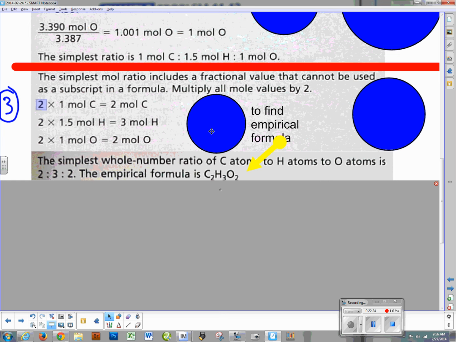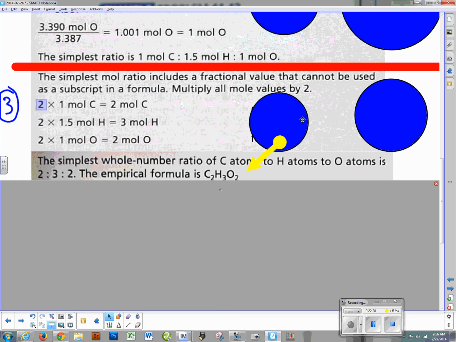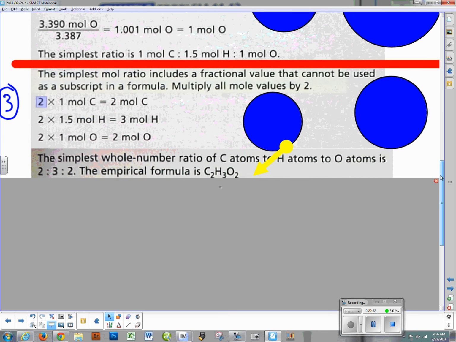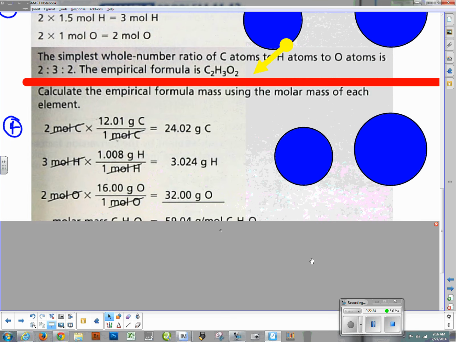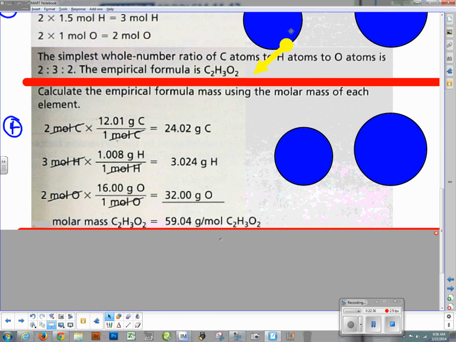So everybody's got what was here in step 3? Okay, these guys, you want to use these when you're doing the actual problem out of the textbook. So down here we go. Now, what are we doing here?